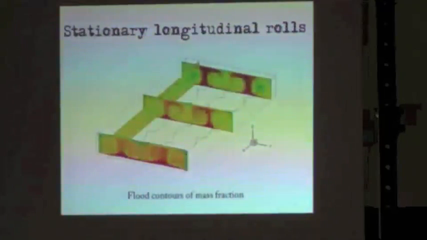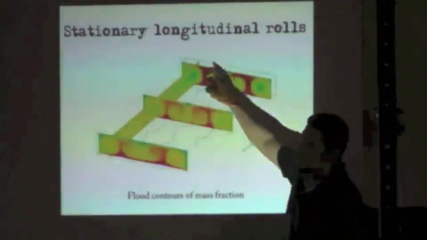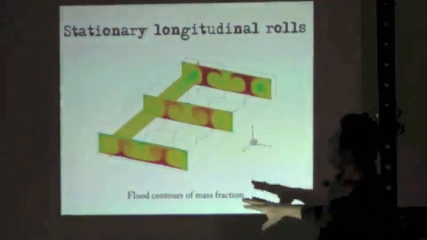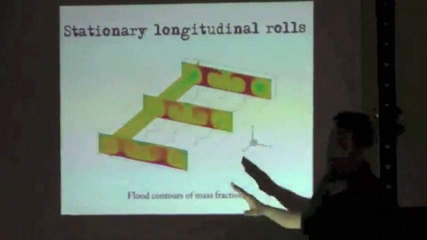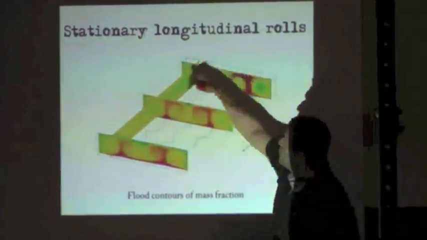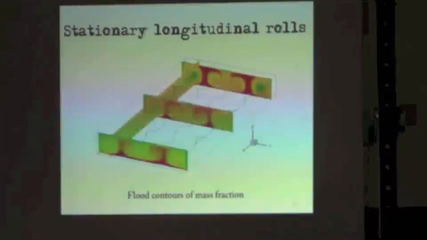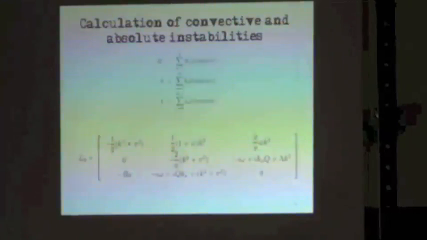But longitudinal rolls are a stationary structure. Look at the concentration here. The concentrations of the different components of hydrocarbons are stable, so we can do something to extract petrol at these zones.